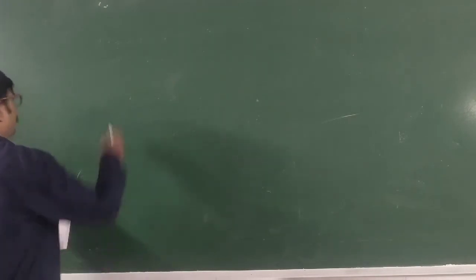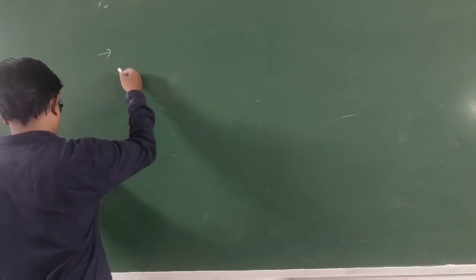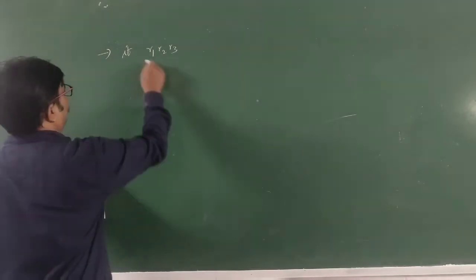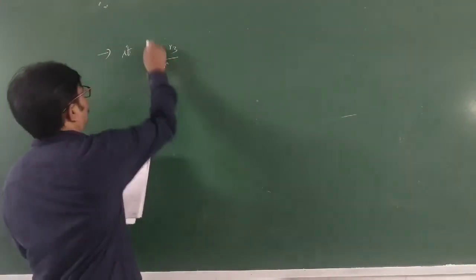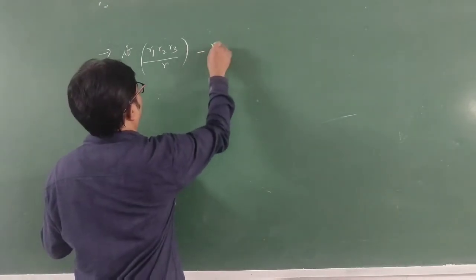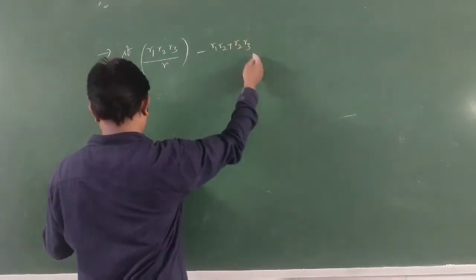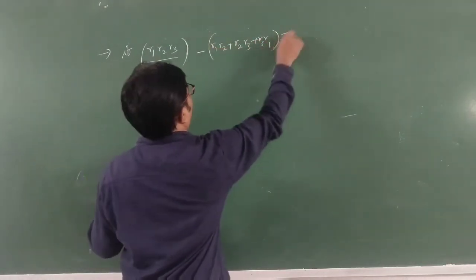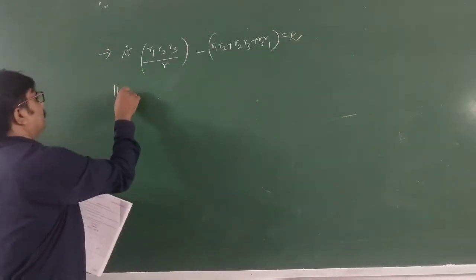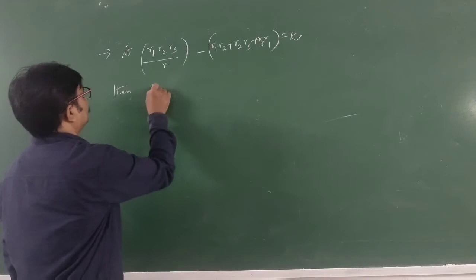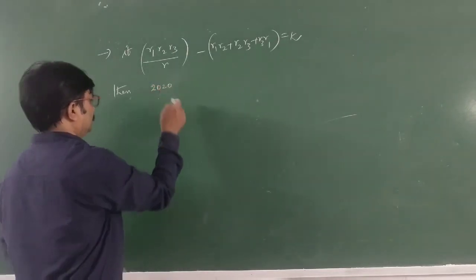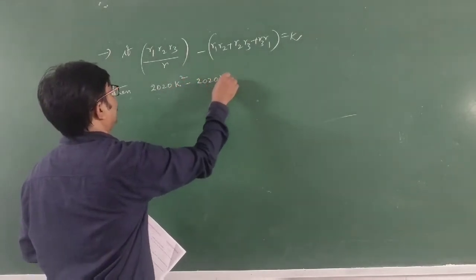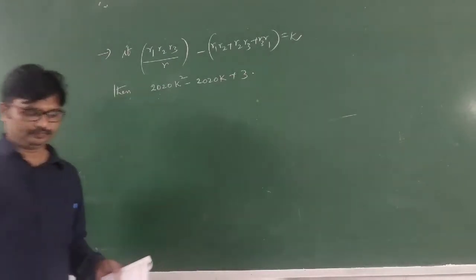So students, the another one: if r1, r2, r3 upon small r, minus of r1 r2, r2 r3, r3 r1, equal to K, then the value of 2020 K square, 2020 K plus 3.